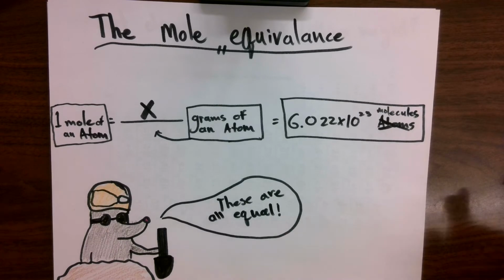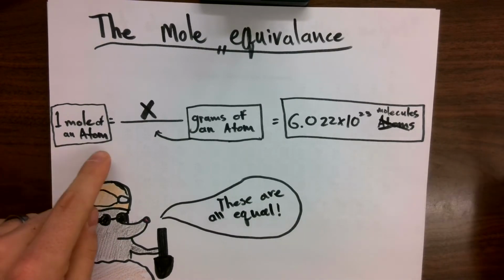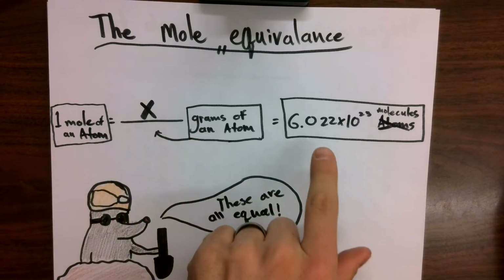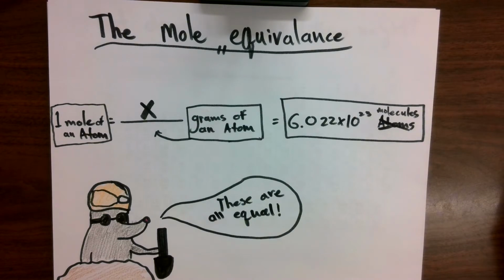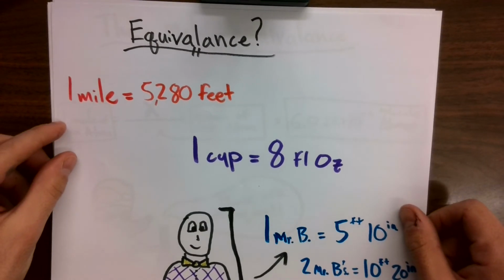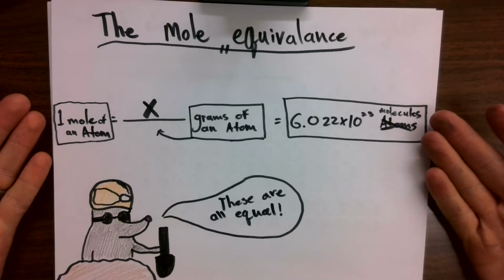It's just like 1 mile equals 5,280 feet. Same idea, just stuff you don't know as well.